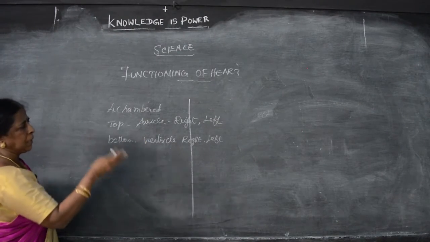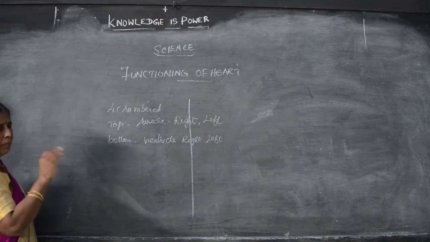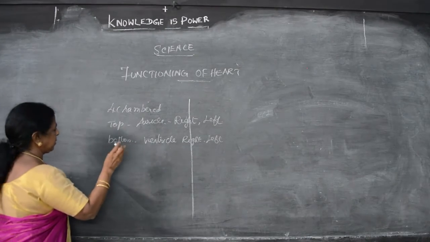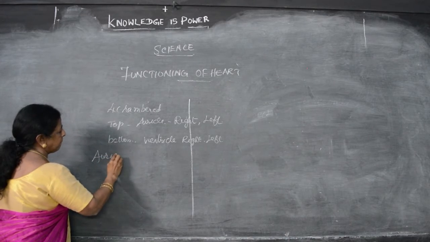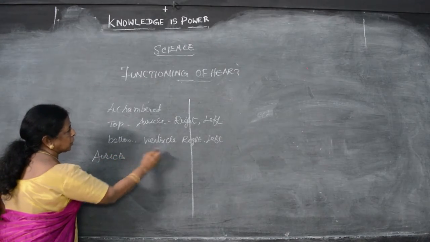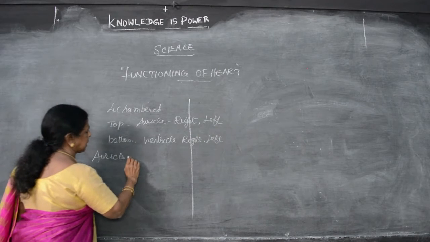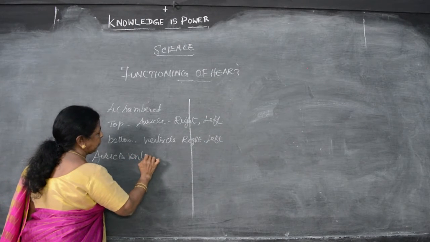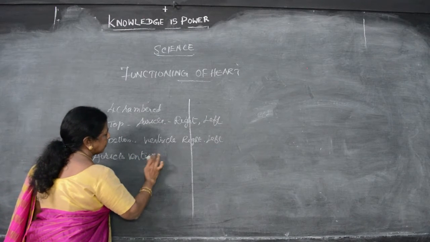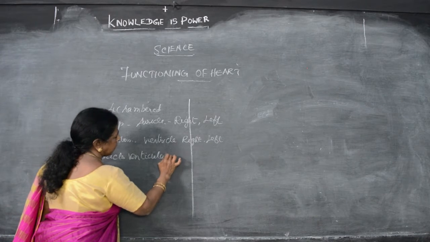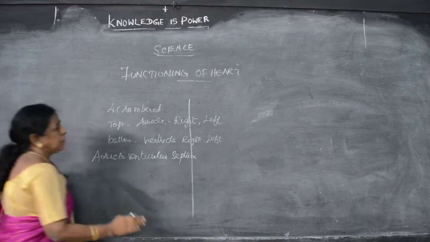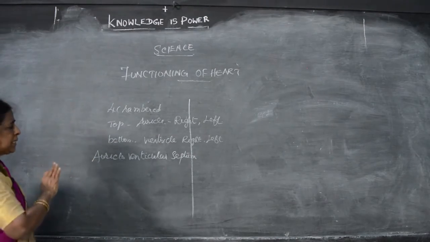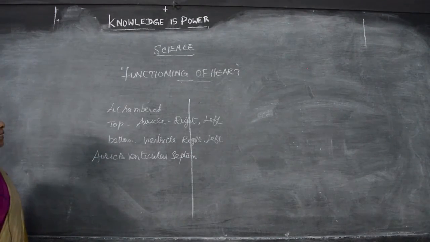Okay, both the auricles, that is right auricle and left auricle, both are separated by auriculoventricular septum. Both auricle and ventricle on the left are also separated by auriculoventricular septum. There would be a mixing of deoxygenated and oxygenated blood.